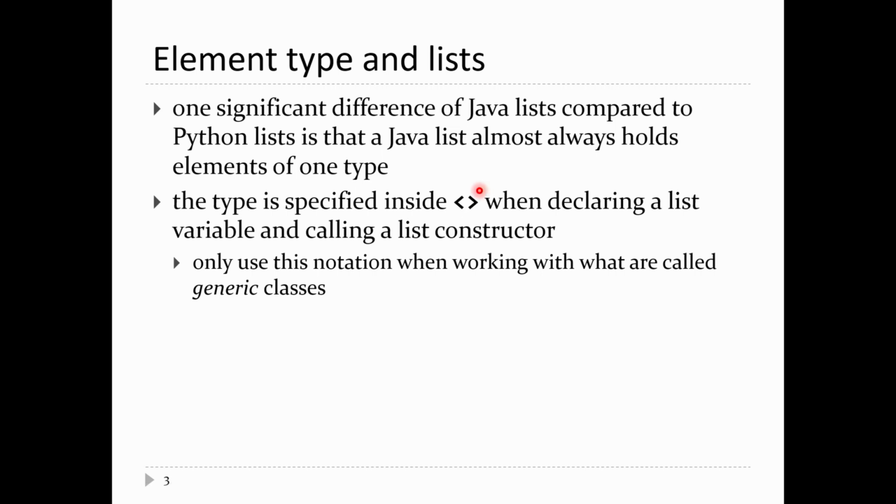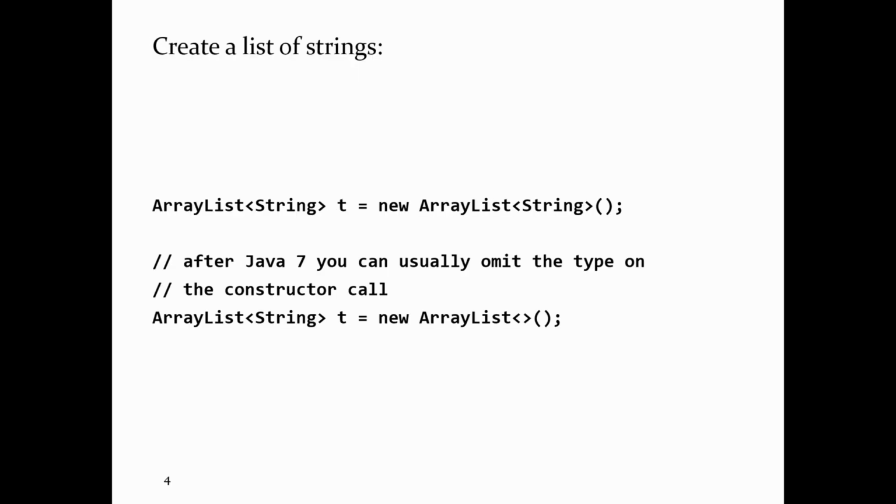When you specify the type of a list, you normally specify what type of element is in the list. So you use this funny notation with the less than and greater than brackets, the angled brackets. I'll show you what this looks like. If I want to make a list of strings in Java, normally what you would write is something like ArrayList, then an angled bracket and then the element type. So that's an ArrayList of String.